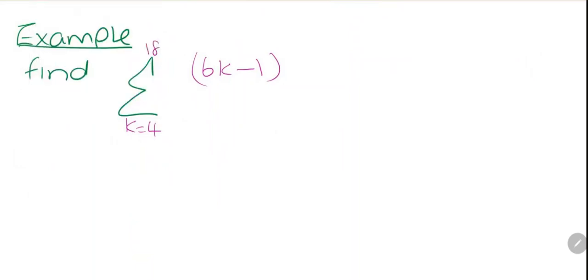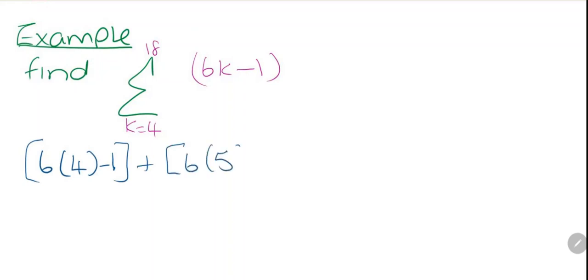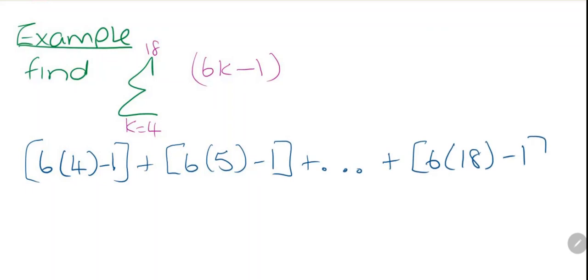So this means that we're going to be looking to add, so the first term is 4, so it would be 6 times 4 minus 1. And the second term would be 6 times 5 minus 1. And this would continue to the last term, which would be 6 times 18 minus 1.